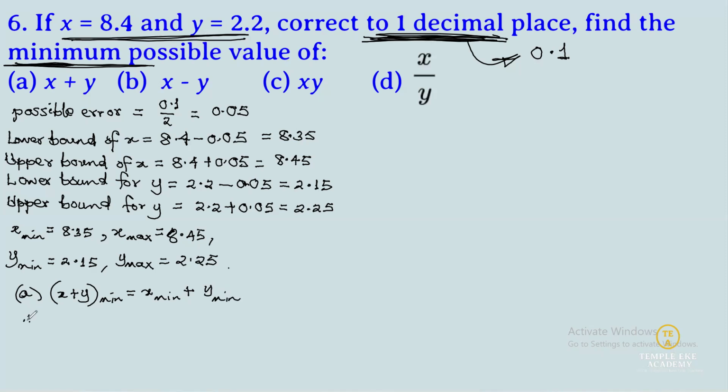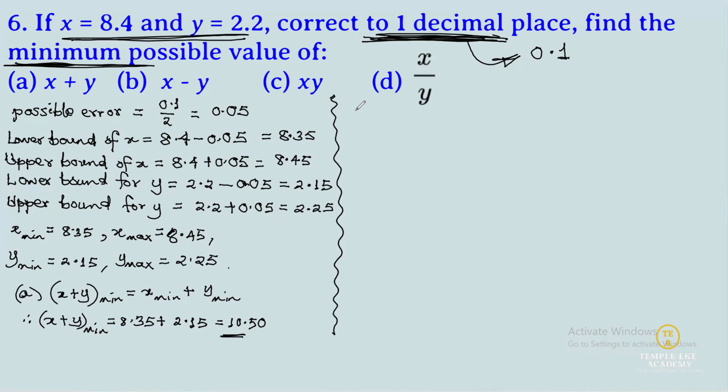And that means by substitution of these values, x plus y at the minimum is going to be, let's bring in the minimum value of x, 8.35, plus the minimum value of y, 2.15. And by adding this, we have, of course, 10.50 as our final answer for the first calculation. Very simple.